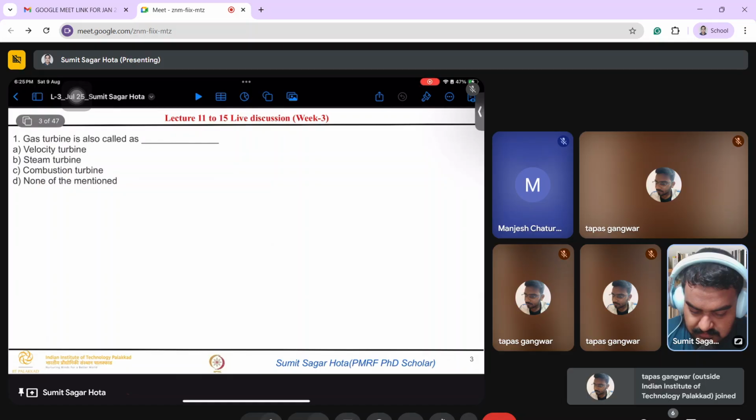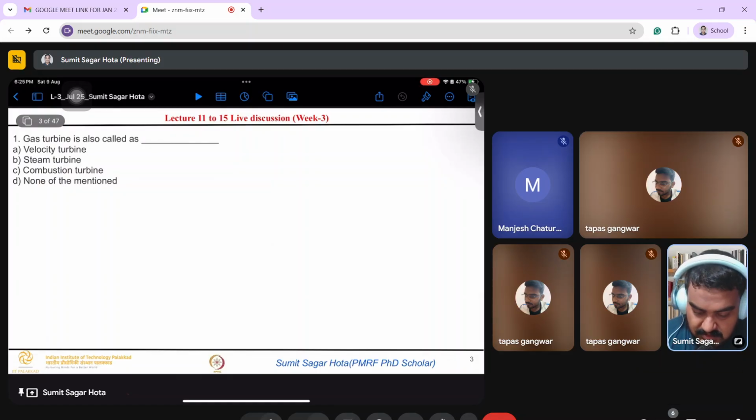The first question: gas turbine is also called as combustion turbine.